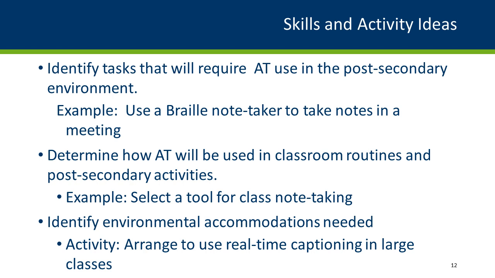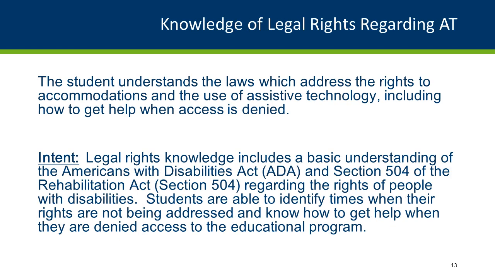We've tried to use a bunch of examples throughout this presentation of different disabilities, different accommodation needs, but hopefully this will get you thinking about a student that you know who might be moving to post-secondary education. I encourage you to, as much as possible, apply this to a real person because it'll be more meaningful for you. Next indicator, knowledge of legal rights regarding AT.